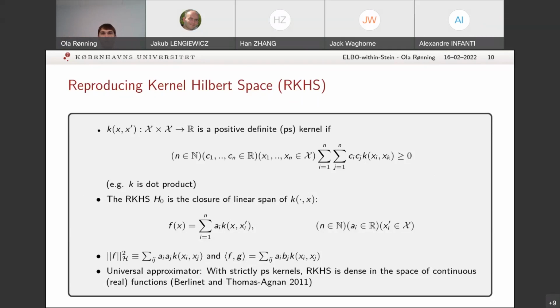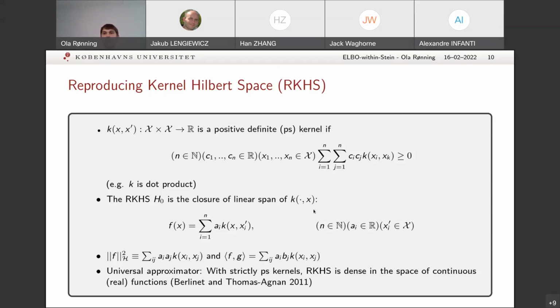So a reproducing kernel Hilbert space, just in short, is a Hilbert space where we have these kernels such that we can take any function here and write it as a closure of the linear span of these reproducing kernels.